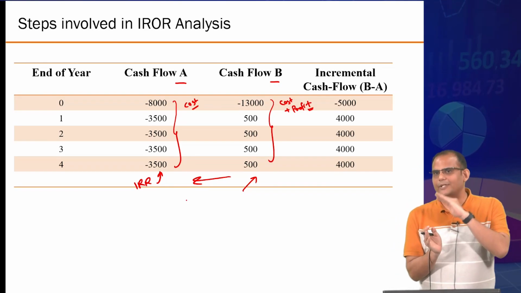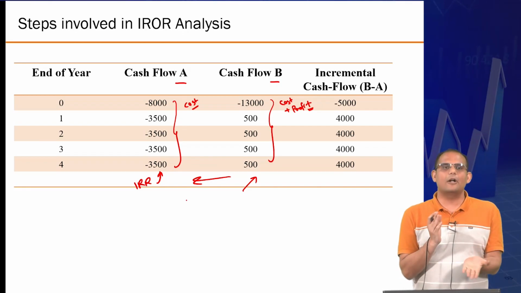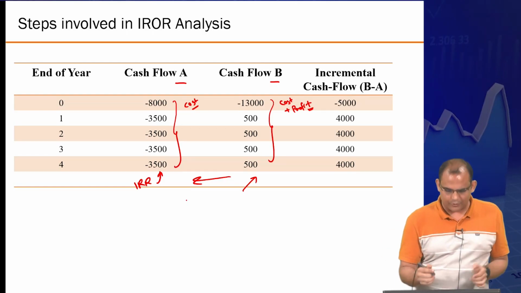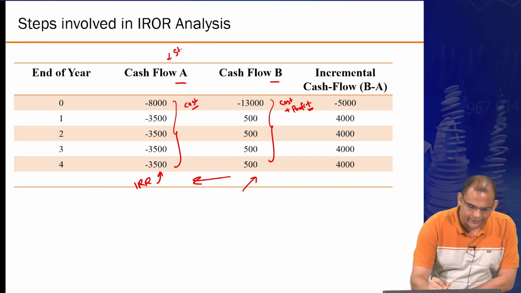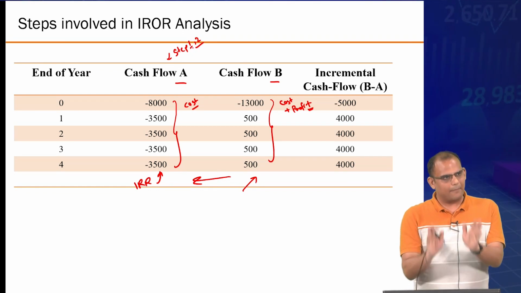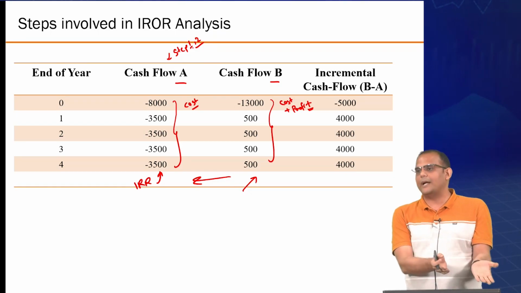So even though you are not able to do the first step in this particular case, it does not stop you from comparing the alternatives, right? The first one or two steps are not applicable here for cash flow series A, but you can still do a comparative assessment of whether it makes sense to invest in B compared to A.